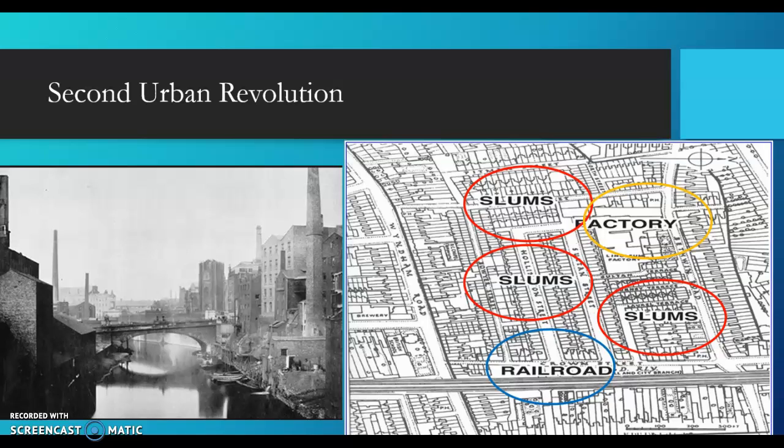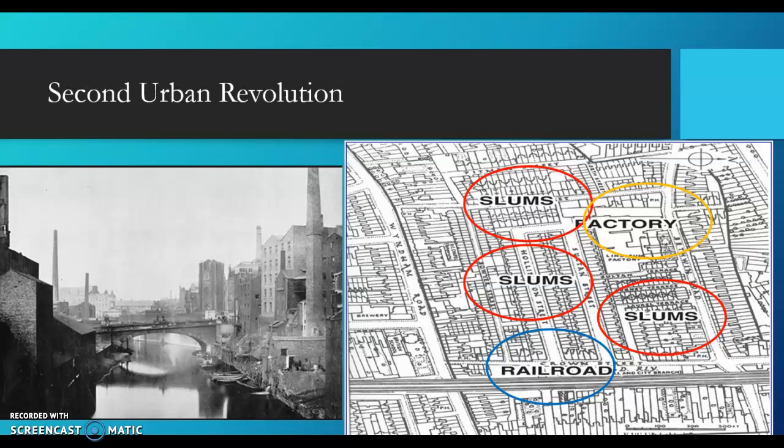This is an image from the mid-1800s in Manchester, England. This site of congestion, high-density development, pollution was new. People didn't recognize it. The social transformation in the second urban revolution was just as abrupt as the economic transformation, just as abrupt as the physical transformation of our cities.